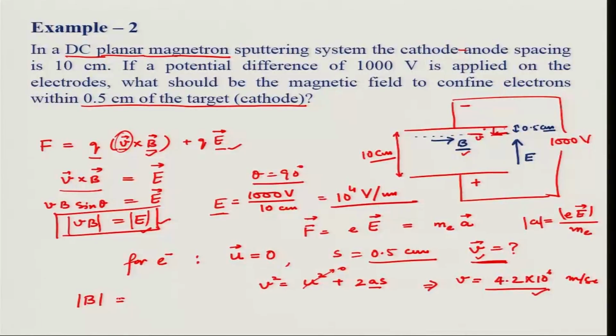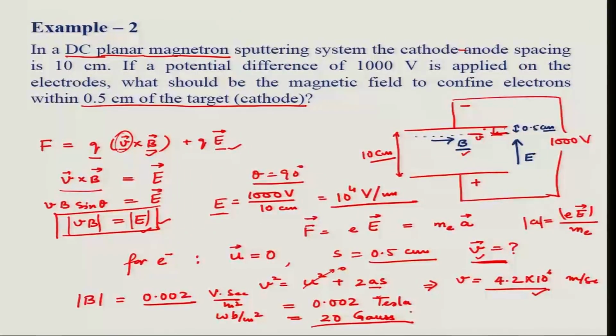the magnetic field, which is 0.002 volt second per meter square, which is also called Weber per meter square. Okay. So, we can also say 0.002 Tesla or equal to 20 Gauss.